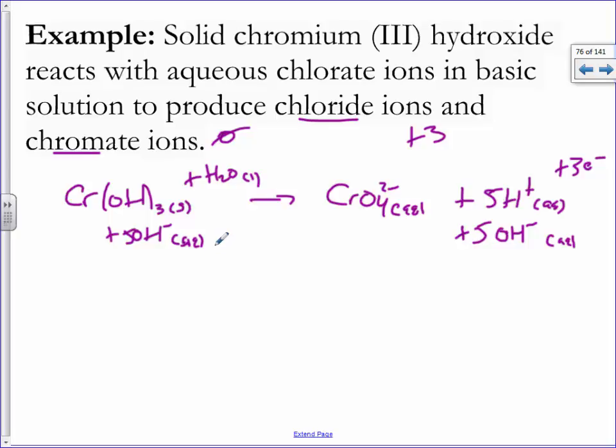Okay. The reason why this is useful, the reason why I chose 5 hydroxides, what will happen when 5 hydrogens combine with 5 hydroxides? It's going to make 5 waters because it's going to neutralize. So what I can do now is I can kind of cross this stuff out right here and say we now actually have made 5 waters.